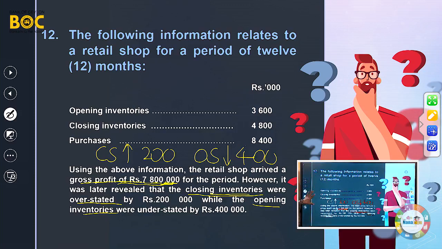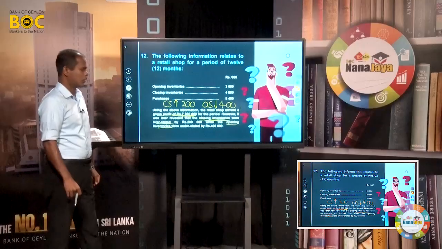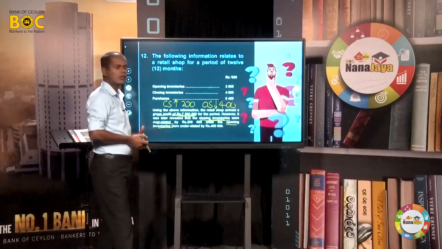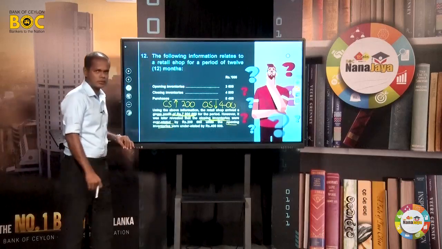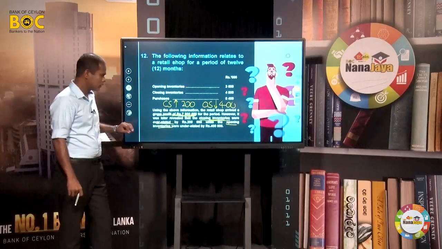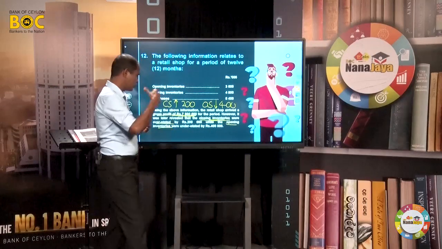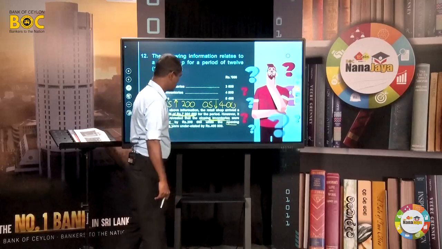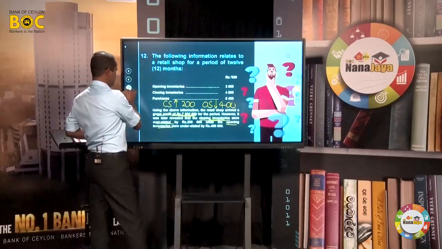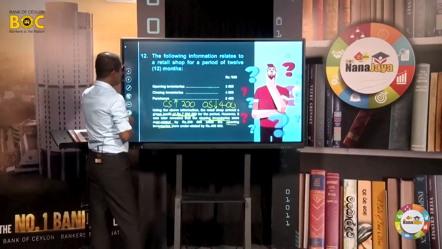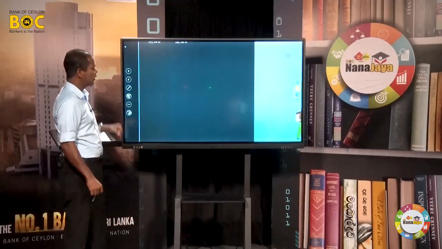Based on these opening and closing inventory values, the company has earned a gross profit of 7.8 million rupees, 7,800,000. But later on, you found these two mistakes. So what are the mistakes? Closing inventory overstated, opening inventory understated. And we will check what the question requires.